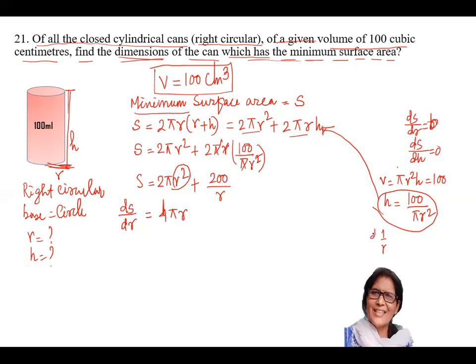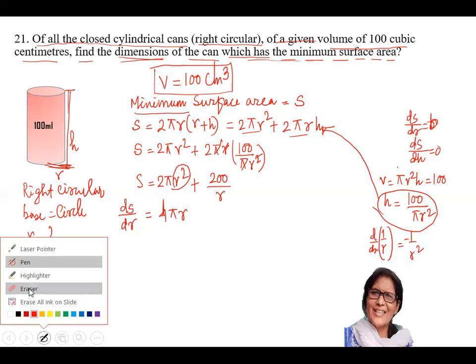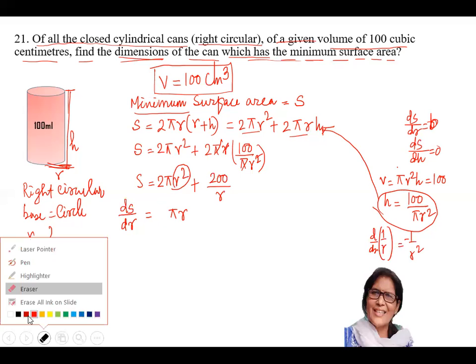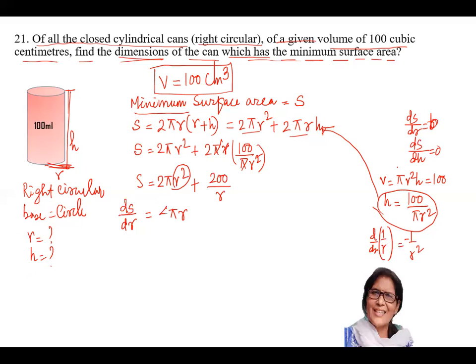What is the derivative of 1 by r? It will be minus 1 by r square. So it will be 4 pi r minus 200 by r square. This is equal to 0 because we have already written minimum surface area.